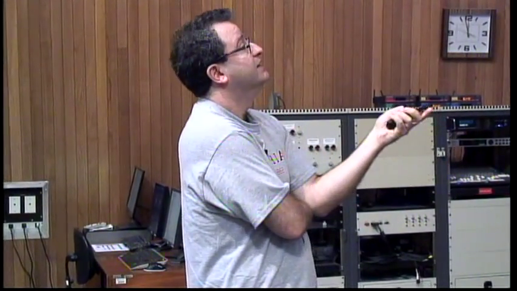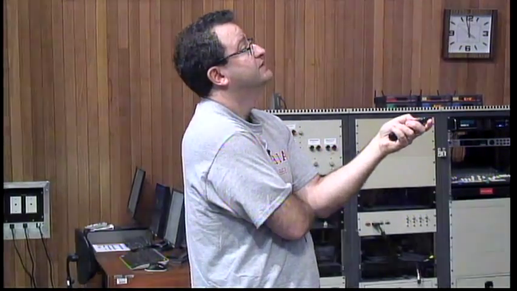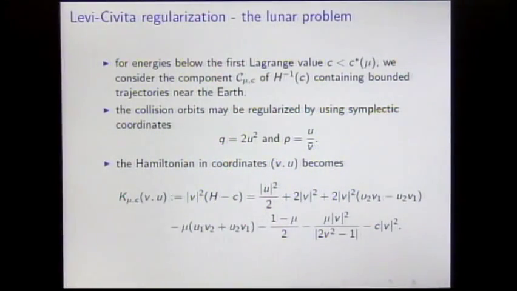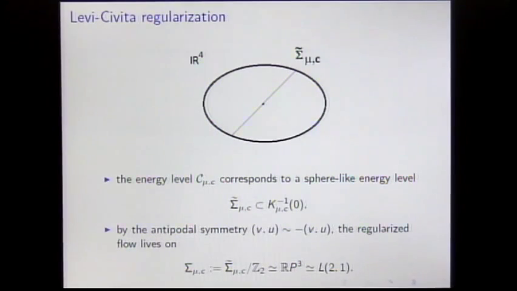And because of this expression, we can see that if you take u and v, or if you take minus u and minus v, it corresponds to the same point of the original system. Okay? So this level is symmetric. So the flow on this sphere-like energy level corresponds to a flow on RP3, because this energy level is symmetric with respect to the origin.